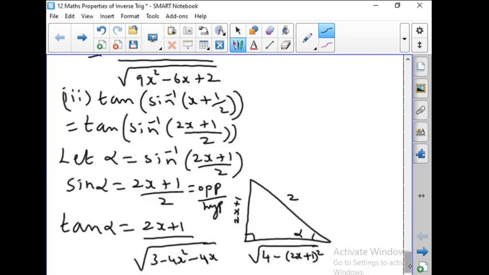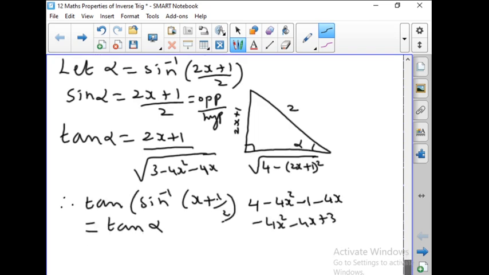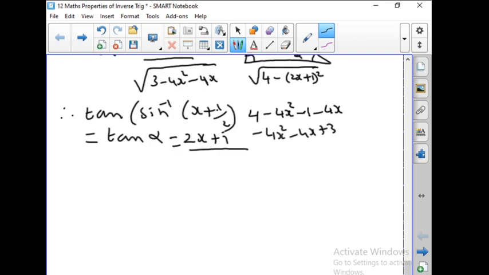So what is tan alpha? 2x plus 1 by root of 3 minus 4x minus 4x square. So we have found the value.